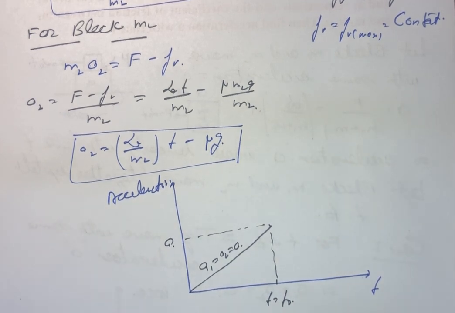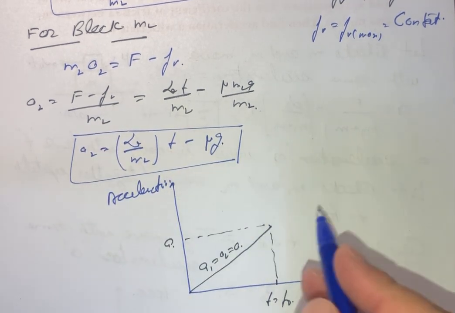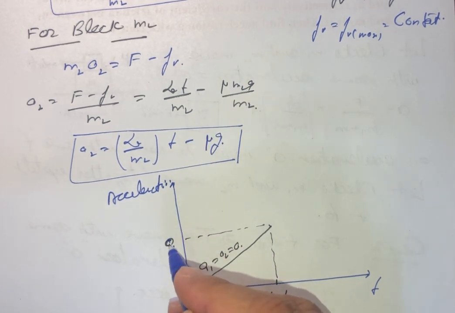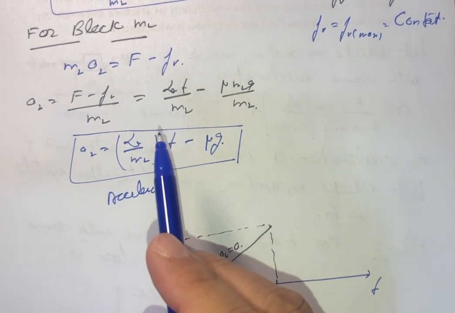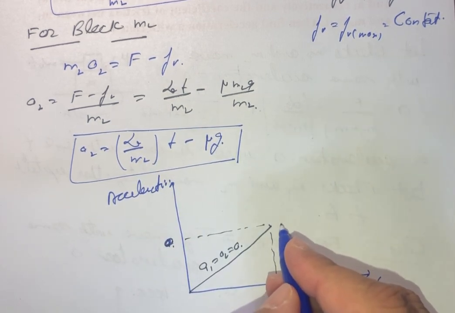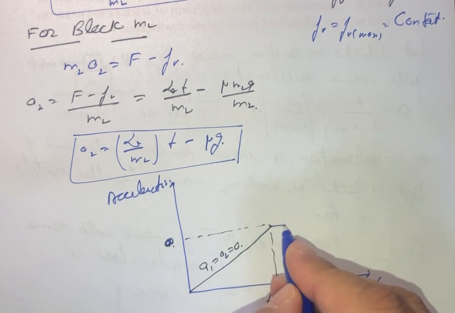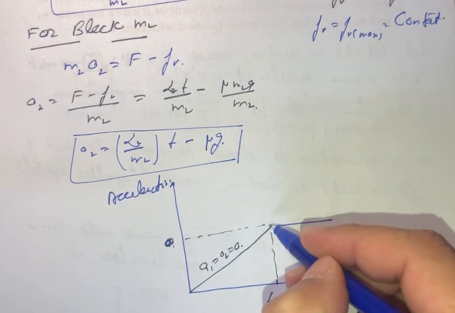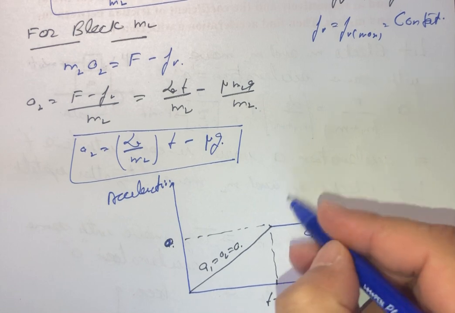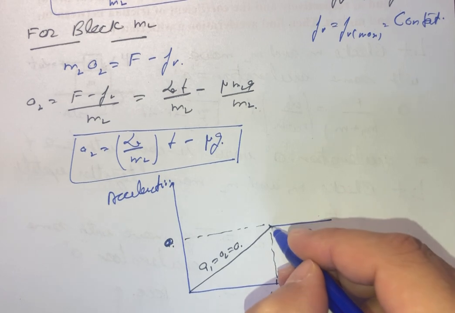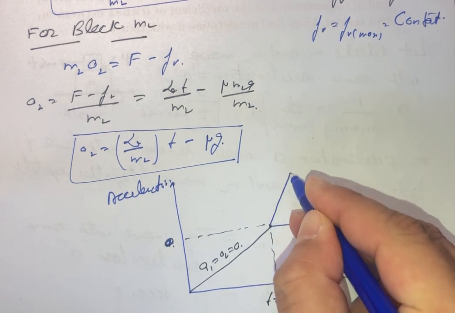After this point, for t greater than t naught, both will be traveling with different accelerations. a1 will have a constant value, so this will be our a1, and for a2 there will be a change in slope, and this will be our a2.